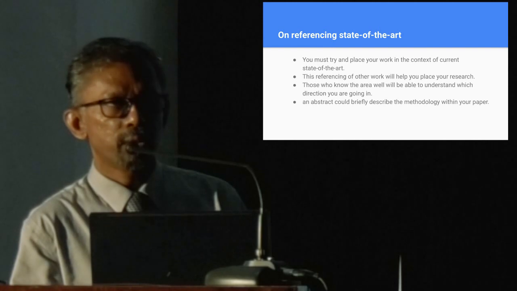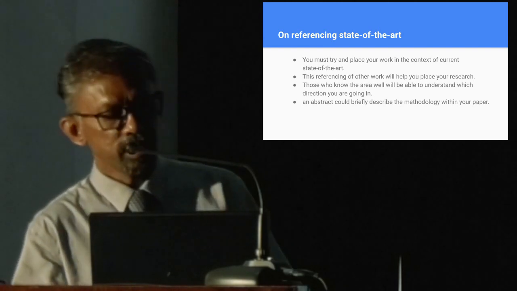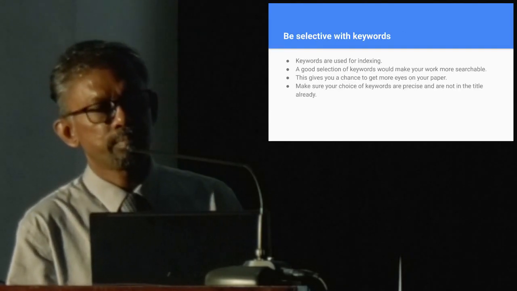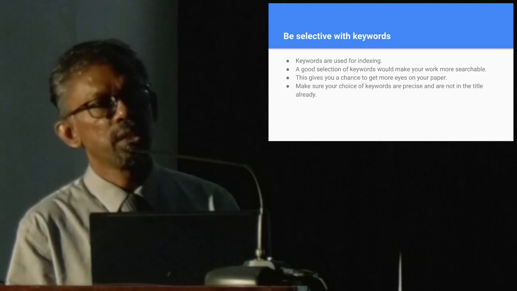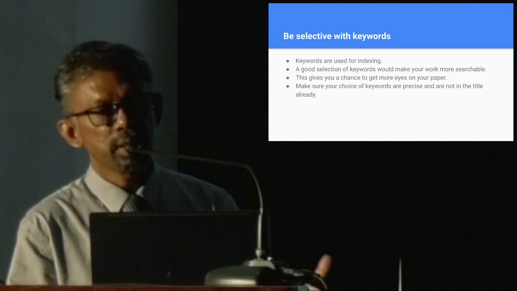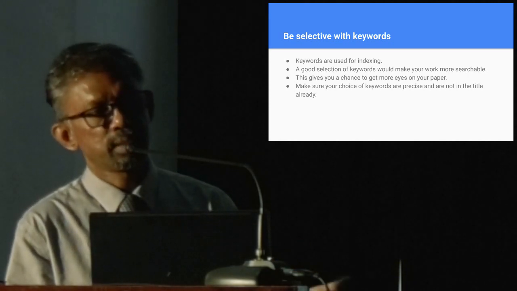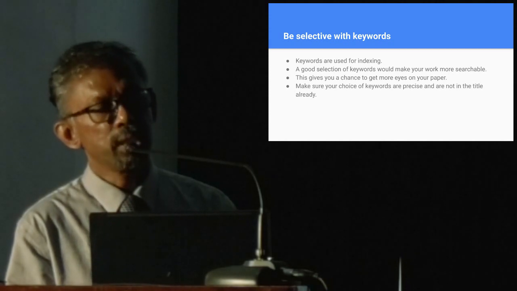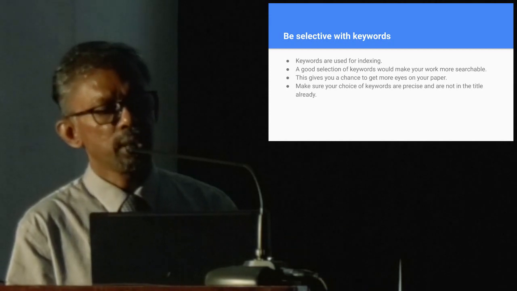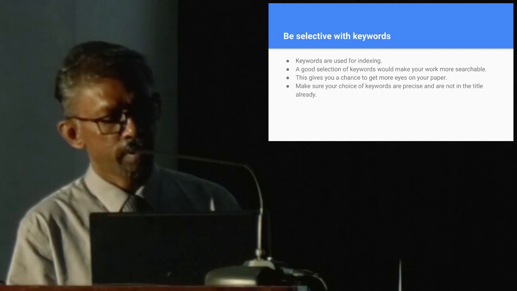Another important part of our research papers is the keywords. Now, keywords are used to index the paper so that when we search for papers, these keywords are used to determine whether this particular paper is relevant to the current search.